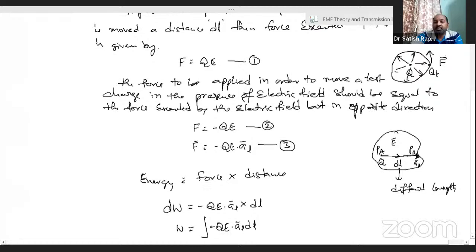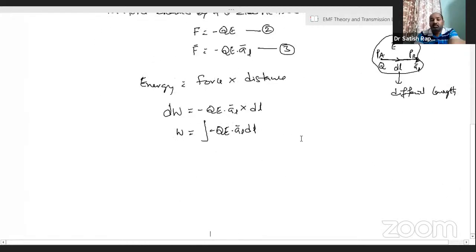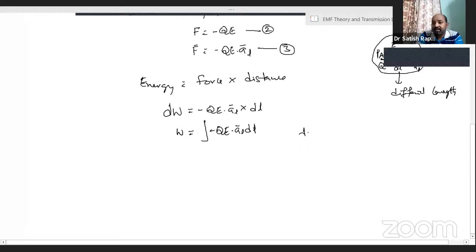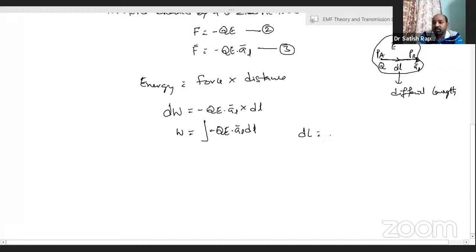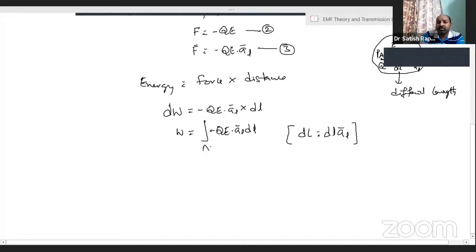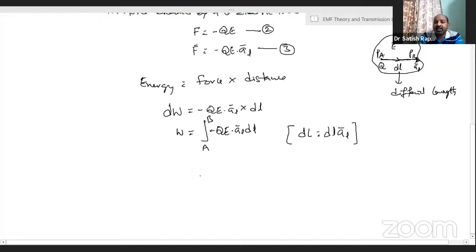Here, capital dL bar is equal to dL a_L bar, so it can be replaced with dL a_L bar. The limits are from point A to point B, in other words from the initial value to the final value.